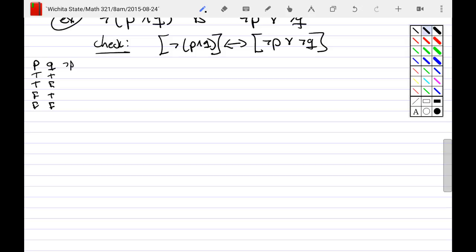We've got not P or not Q. What is not P or not Q? For true, that'd be not P, not Q, right? So false or false? False. False or true? True. True or false? True or true? So it's false, true, true, true.